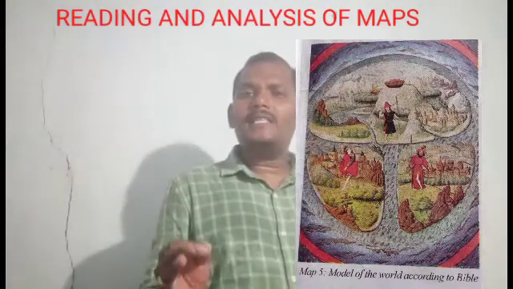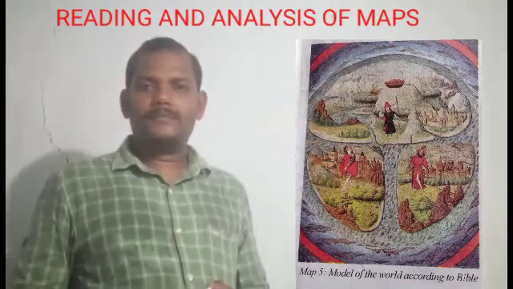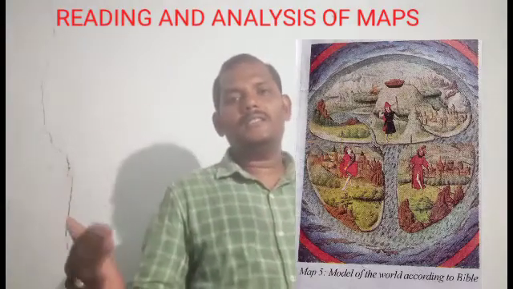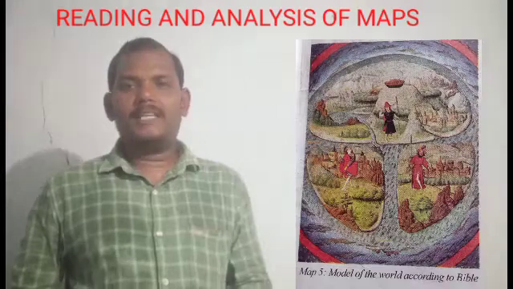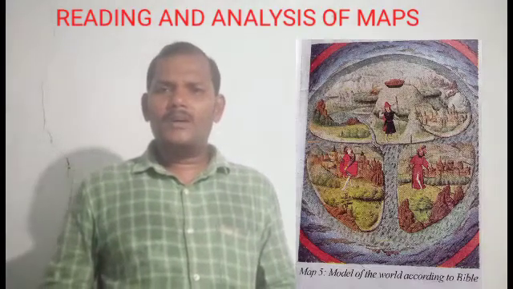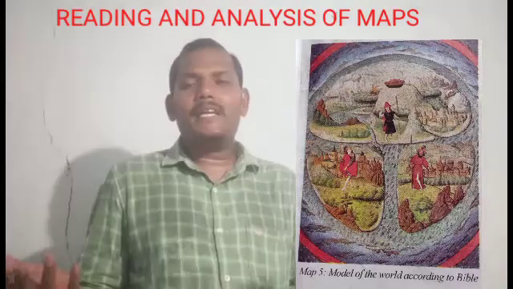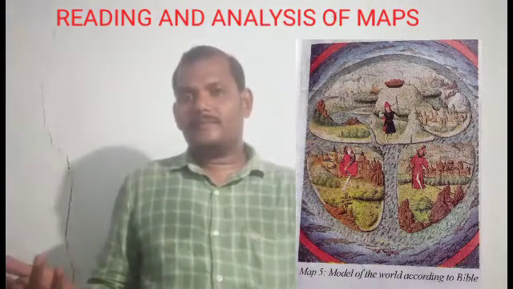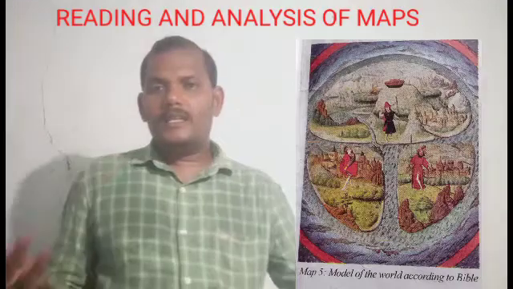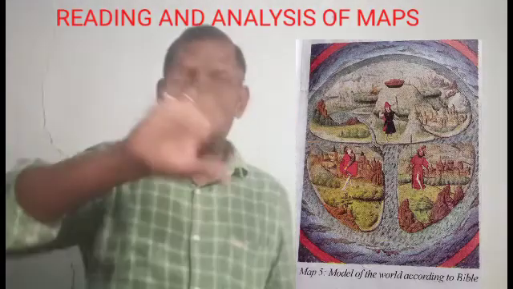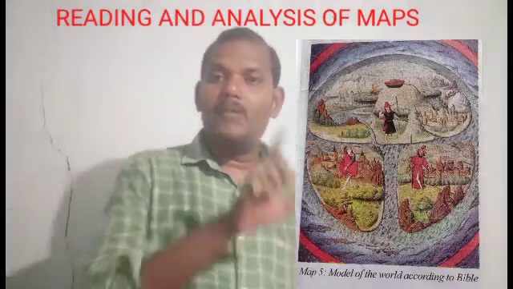What are the continents here? Asia, Africa, and Europe. What is the difference here? Comparatively to the other maps, according to the Bible, Asia is shown as the biggest supercontinent in the world.